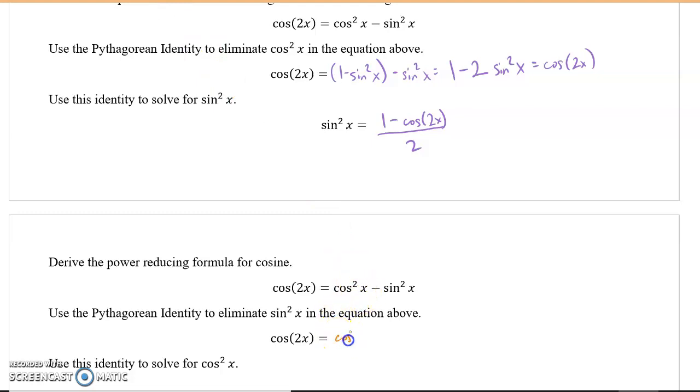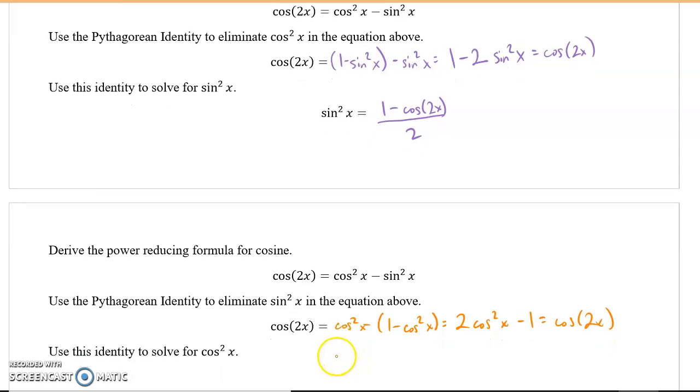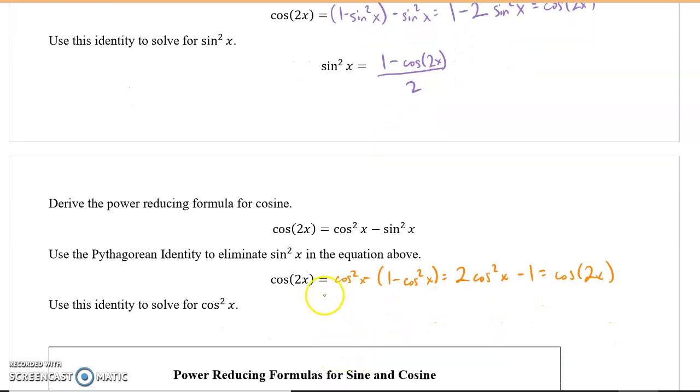So instead of replacing cosine squared, we'll replace sine squared. Sine squared of x is the same thing as 1 minus cosine squared of x. So that we're going to get 2 cosine squared of x minus 1 equals cosine of 2x. And we'll get a very similar identity. This time we're going to get cosine squared of x equals 1 plus cosine of 2x, all over 2.